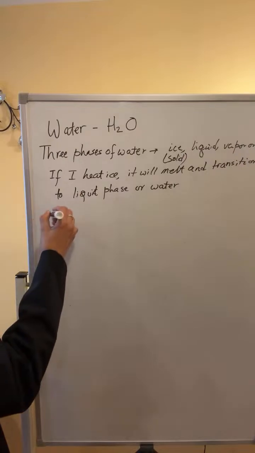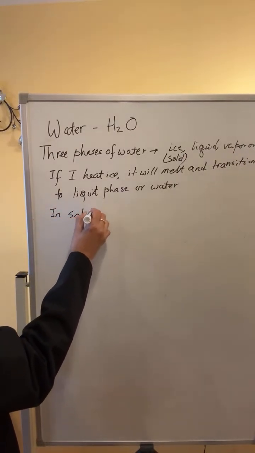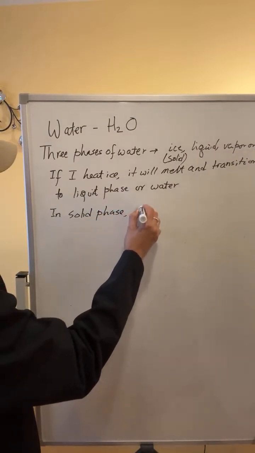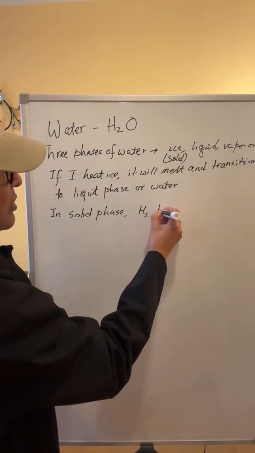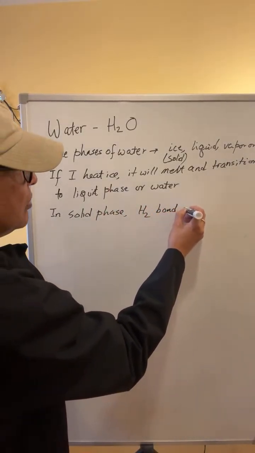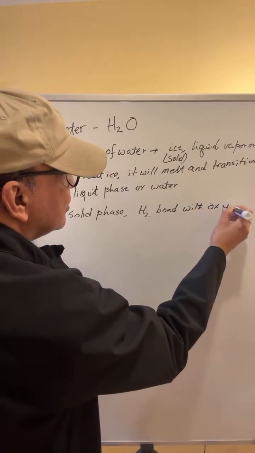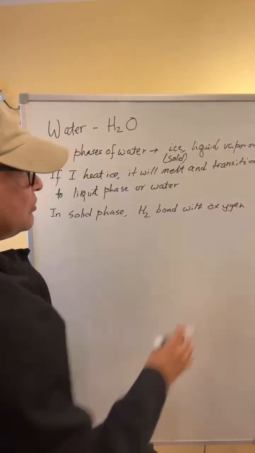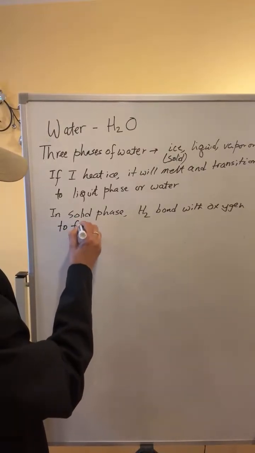Now in the solid phase, two atoms of hydrogen bond with one atom of oxygen. They bond together to form a lattice structure.